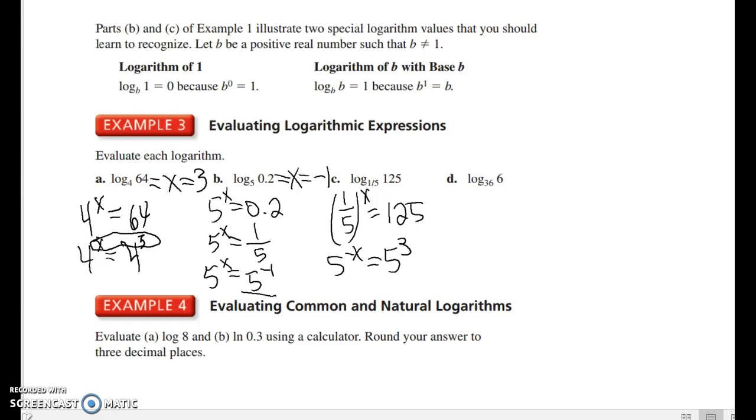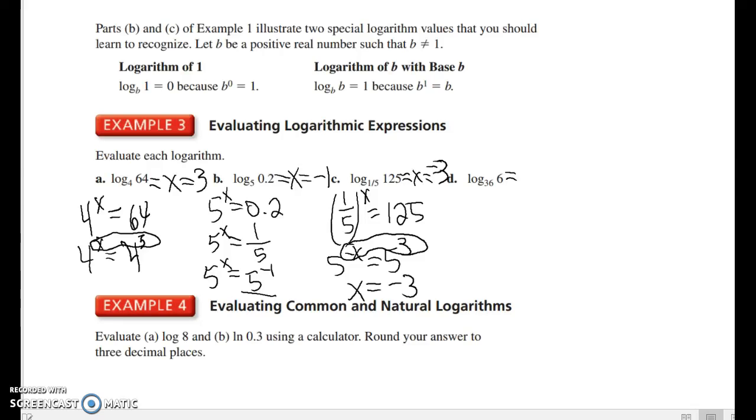Yeah, the third. So then negative x equals 3, which means x equals negative 3. So the answer is negative 3. Okay, that's negative 3. I'll write it again down here.